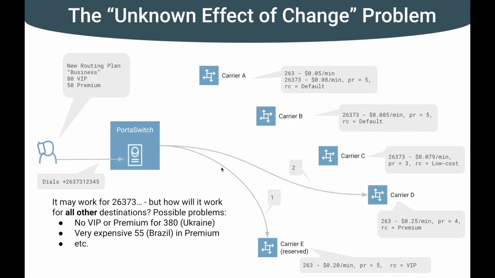As a consequence of this so-called uncontrolled change, it may turn out that there are no longer any available routes to Ukraine because all the routes had a default category and default is not included in our routing plan. Or that another carrier, let's call it a carrier F, has a very expensive premium rate to Brazil of $2 a minute.